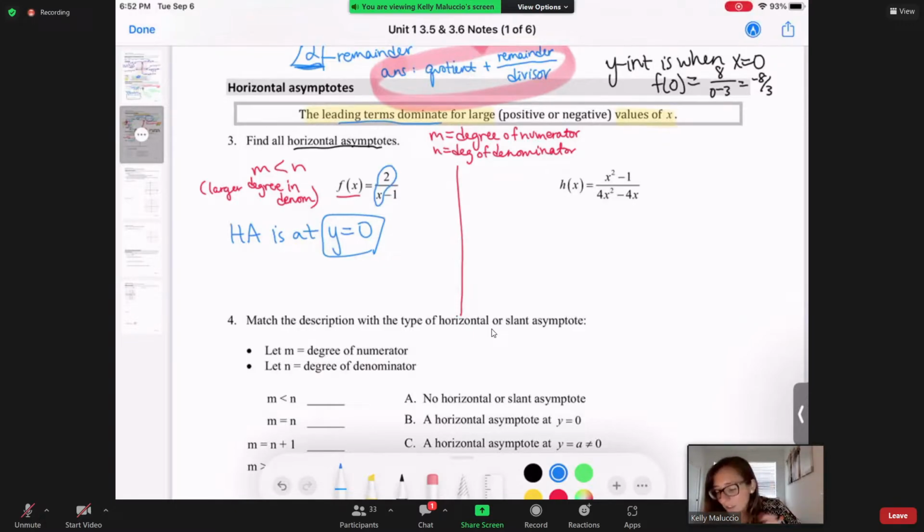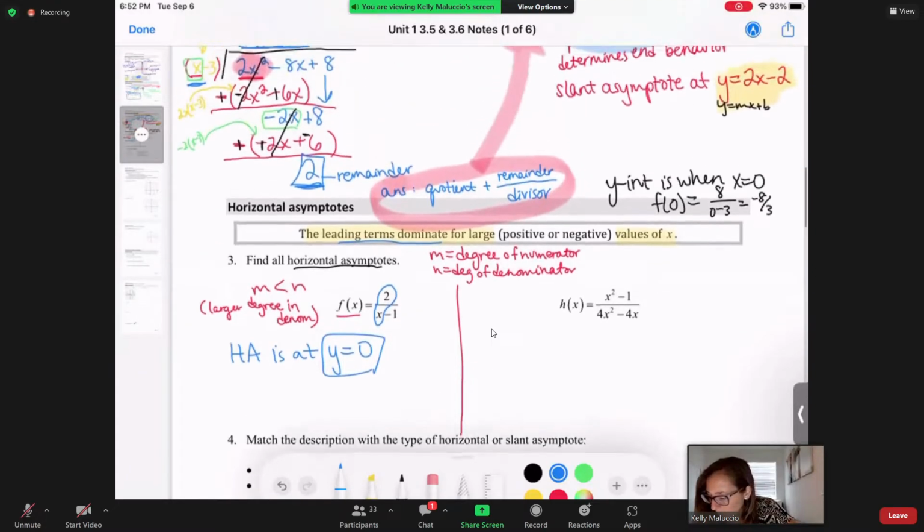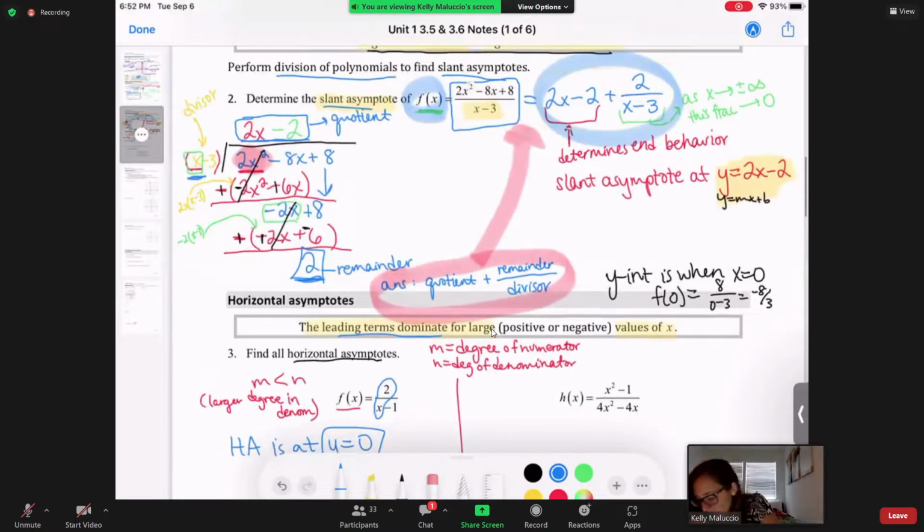So we can ignore that -1, and we look at this 2 over x and ask what's going on as x goes to really big numbers? Well, like before, I don't remember when, when we looked at this right here, as x goes to plus or minus infinity, the fraction goes to 0.